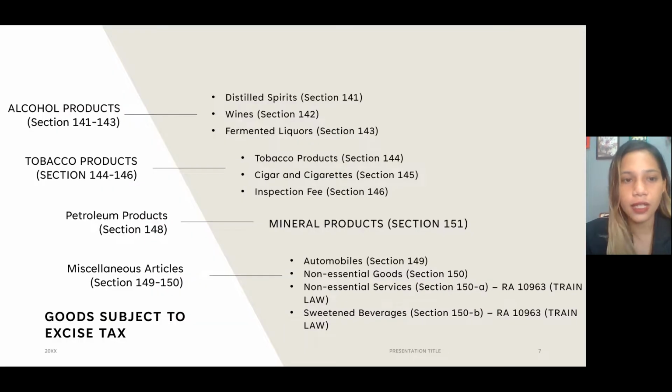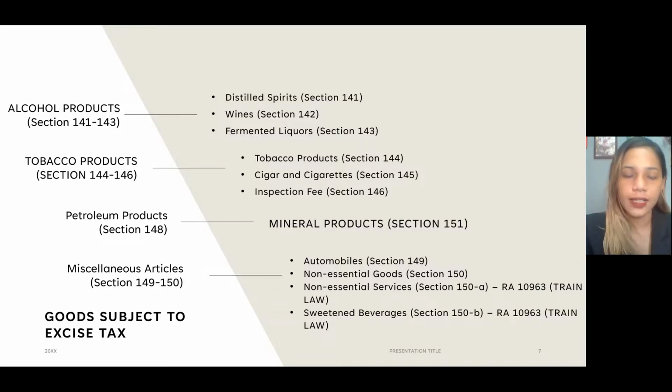So under sections 141 to 143 are the alcohol products, which are distilled spirits, wines, and fermented liquors that you have seen previously in the picture. Under sections 144 to 146 are tobacco products, specifically cigars and cigarettes, and inspection fee.